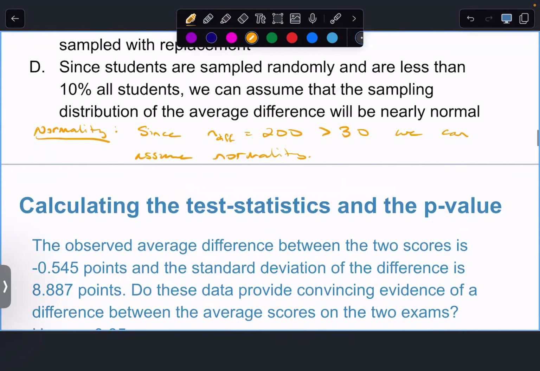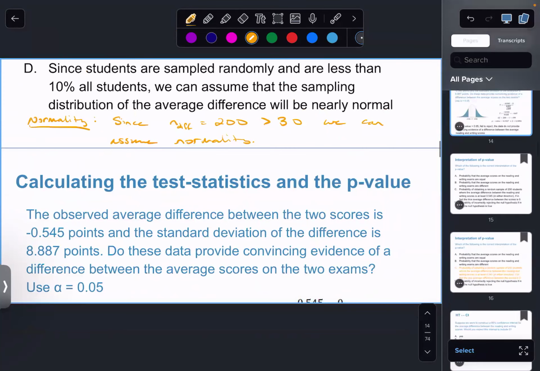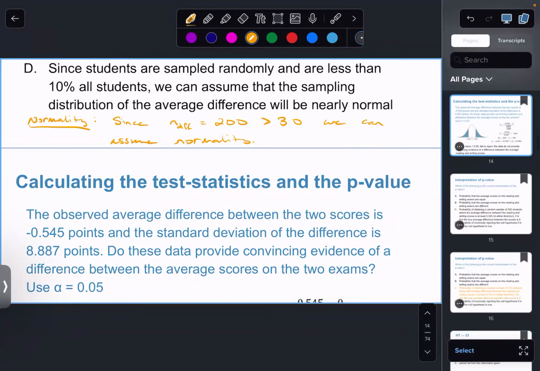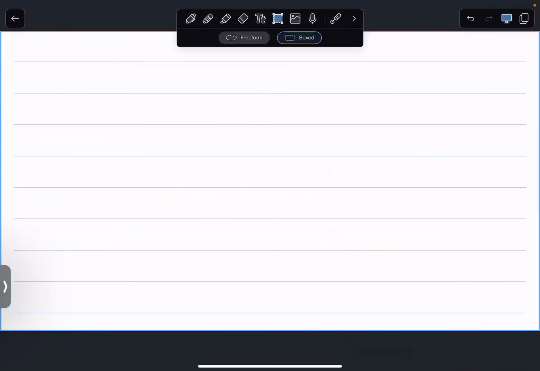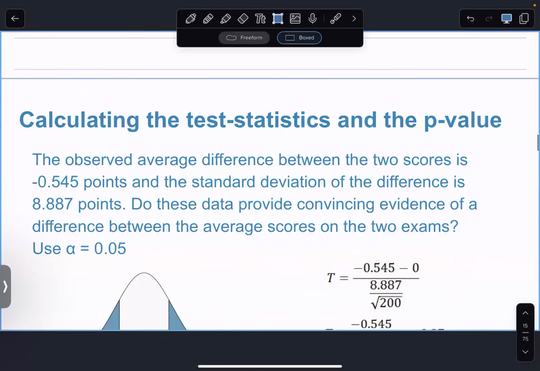Okay. Instead of having the answers right there, let me just add a page here and grab the question that we want to do.